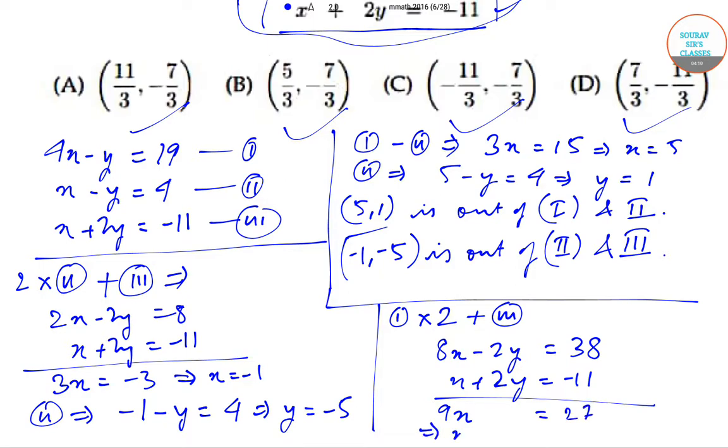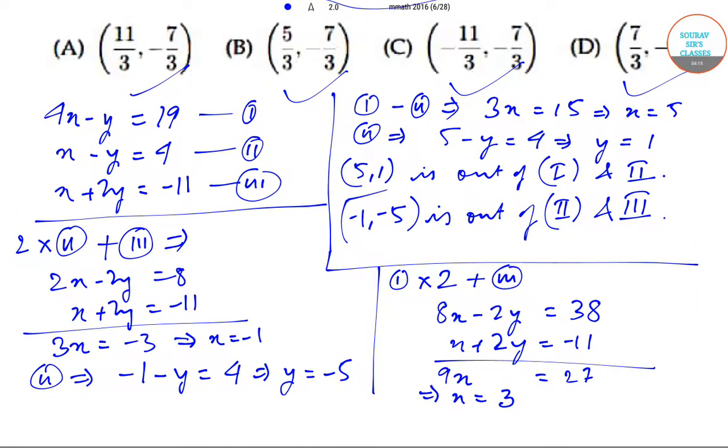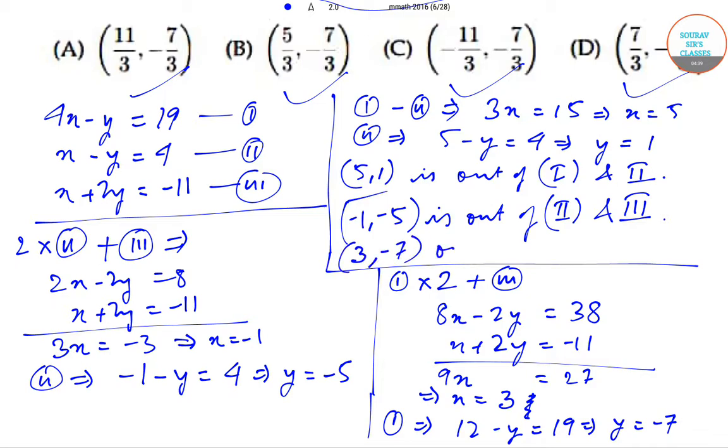So this will give us that x is equal to 3. So from equation 1, 12 minus y is equal to 19, and this implies that y is equal to minus 7. So the third point is (3, minus 7), the intersection of line 1 and line 3.